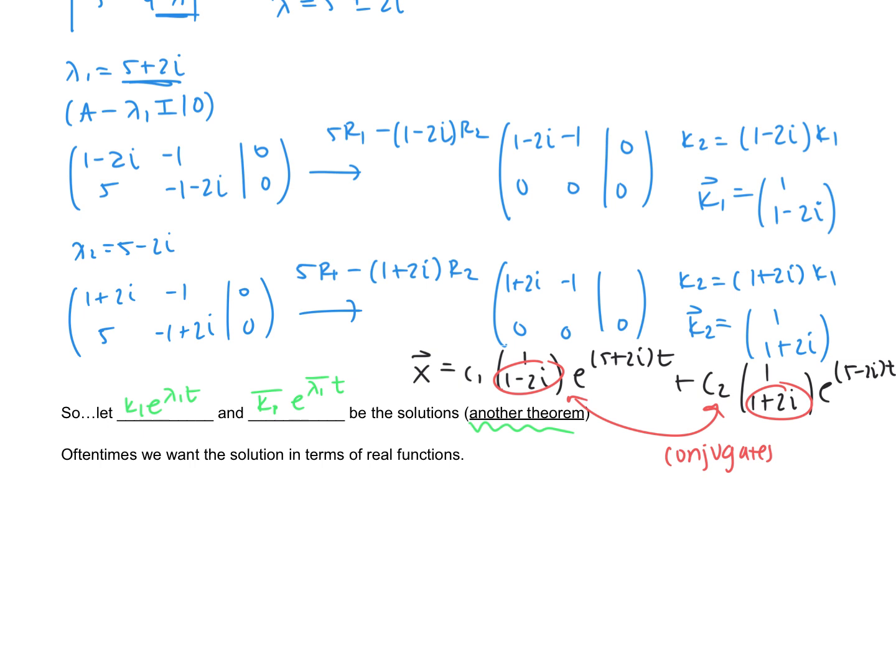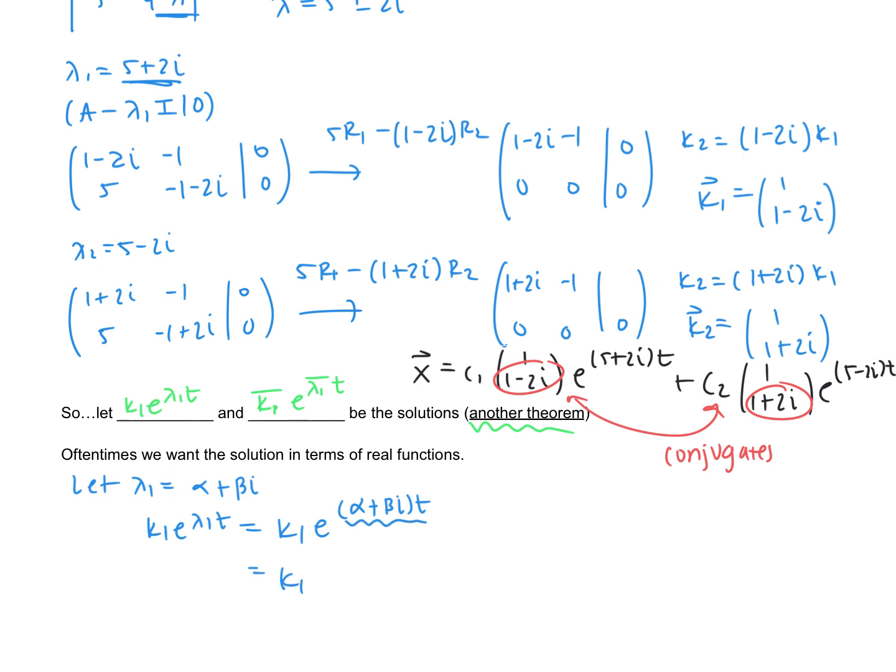Okay, well, let's just start with, we know that we have this eigenvalue of alpha plus beta i. So what that gives us then is our k1 e to the lambda 1 t can be expressed as k1 e to the alpha add beta i times t. Now what we're going to do is split this power up into the real and the imaginary parts.